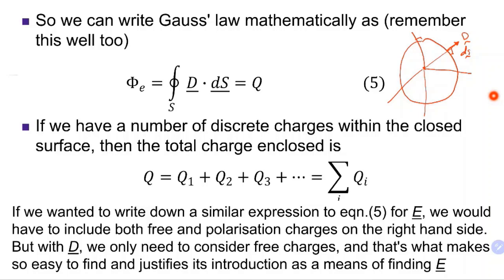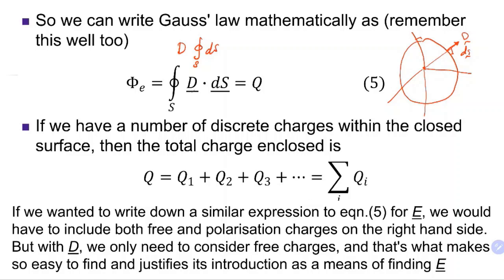If we center the charge inside the sphere, every point on the surface has the same magnitude of D, so D is constant all over the surface. Therefore this integral becomes simpler because D is constant and you can take it out of the integral, and that is simply equal to the integral of the surface area of the sphere, which we know is 4 pi r squared.